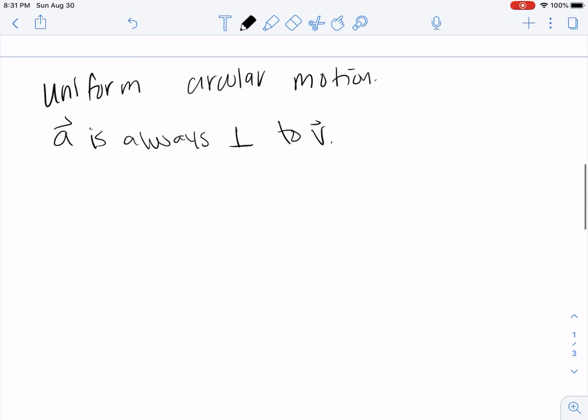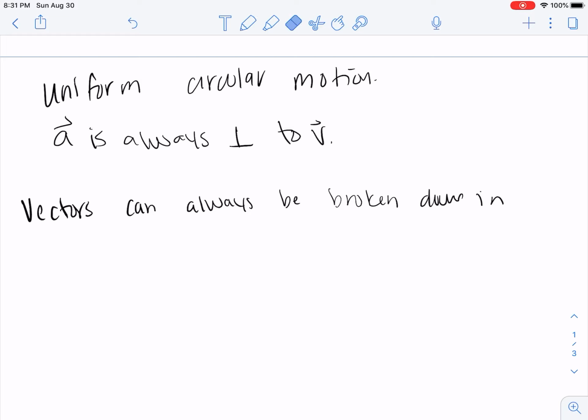Now, before we get too far into actually calculating A, I want to remind you guys that vectors can always be broken down. Vectors are always going to be able to be broken down into those perpendicular components. So often we do x and y.